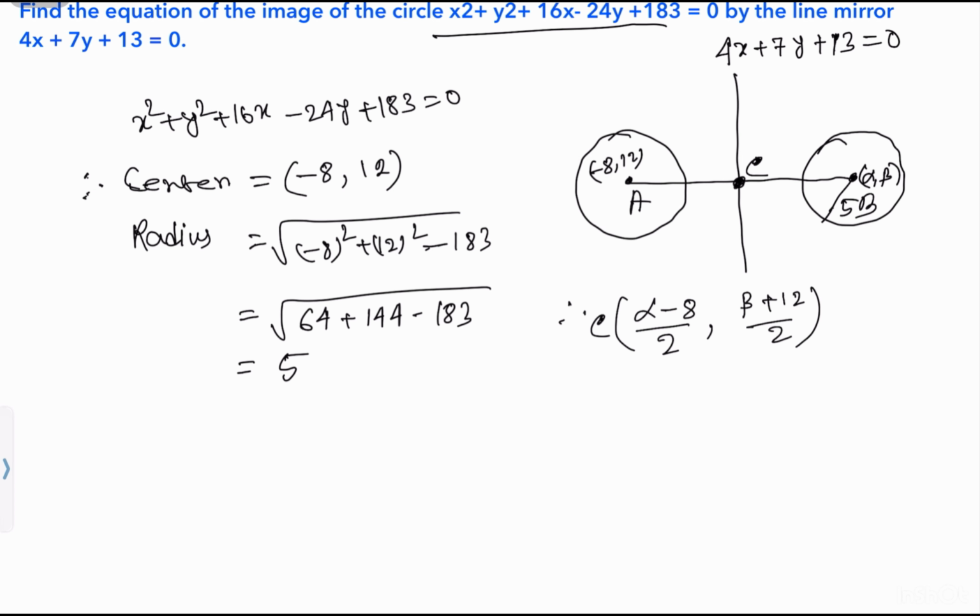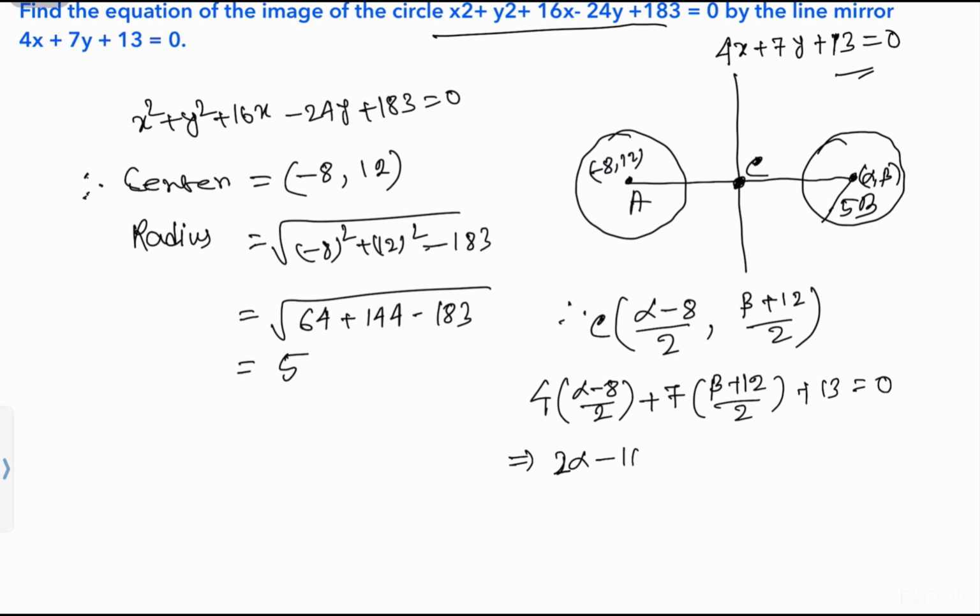So 4 of alpha minus 8 by 2, plus 7 of beta plus 12 by 2, plus 13 equal to 0. This becomes 2 alpha minus 16 plus 7 beta by 2 plus 42, plus 13 equal to 0. Simplifying, 2 alpha plus 7 beta by 2 plus 39 equal to 0.